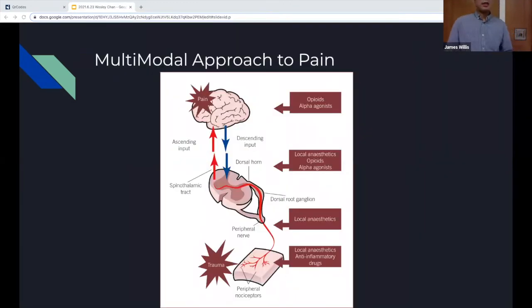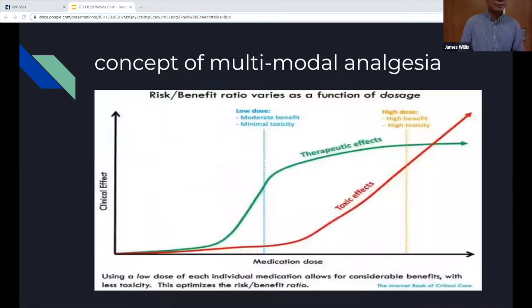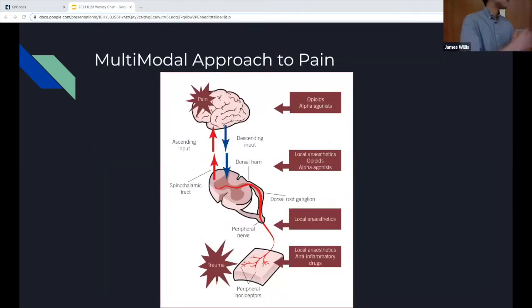Pain travels through the spinothalamic tract, as we learned in med school. It goes from the peripheral receptors all the way up to the brain, where it registers as pain. But as we can see from this graph, we can target different locations in the pain pathway to help treat our patients' pain.